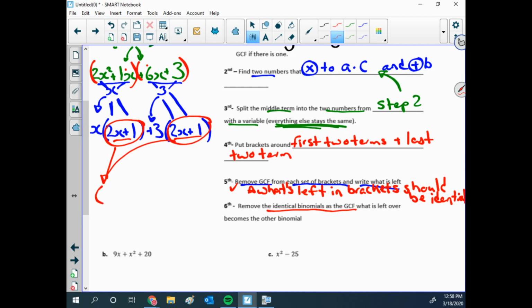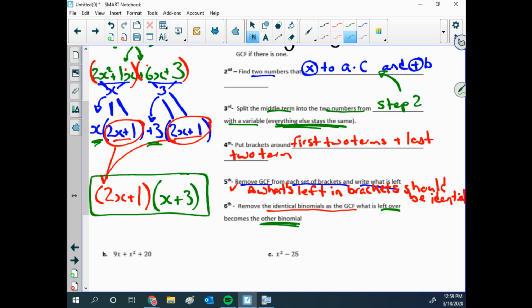So that becomes 2x plus 1. Okay, what's left over becomes the other binomial, so x plus 3. Those come together to give me the other set of binomials. Okay, and so there's my answer.